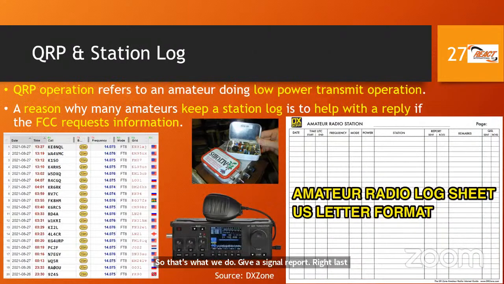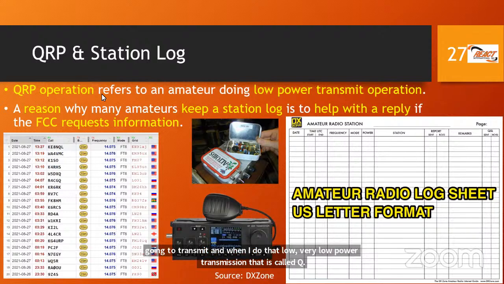All right. Last slide before we go into our question pool review. We did talk about a few Q signals or Q codes. Another one that is important for our exam is QRP. QRP is a form of operating that uses low transmit power, meaning I am not using legal limits. On a particular band, maybe I'm allowed 1,500 watts or 1.5 kilowatts. Well, I do not run all of that power. I just run a couple of watts, or maybe milliwatts. When I do that very low power transmission, that is called QRP operation.